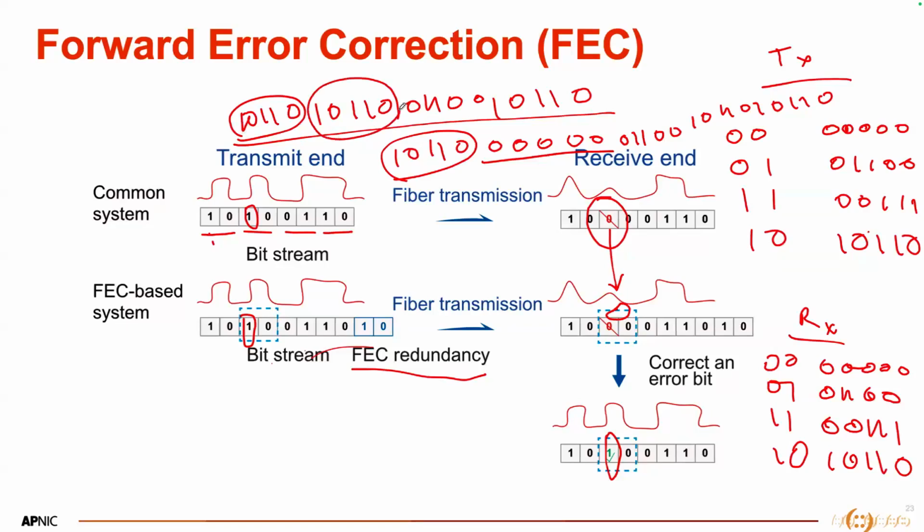So it will make a comparison to find which should be the accurate one. If we take a look, how many digits are different in between these two? We can see 2 digits, right?